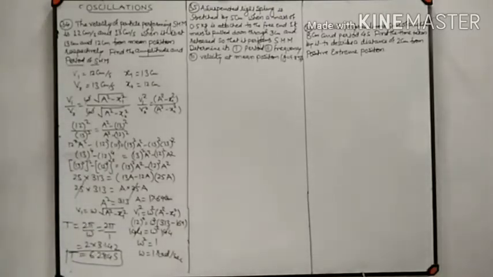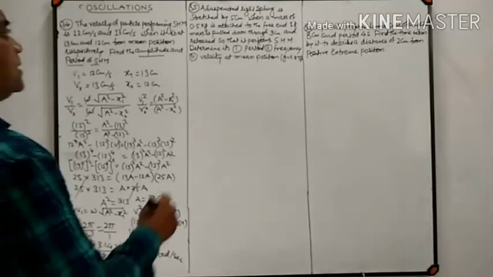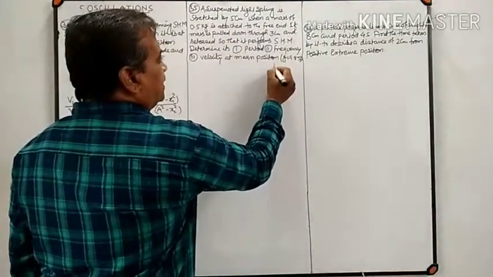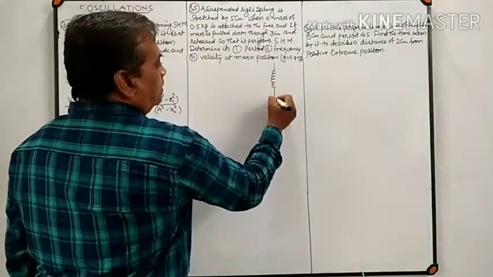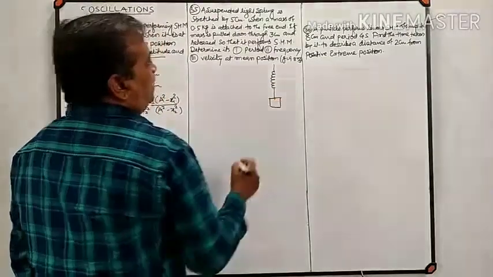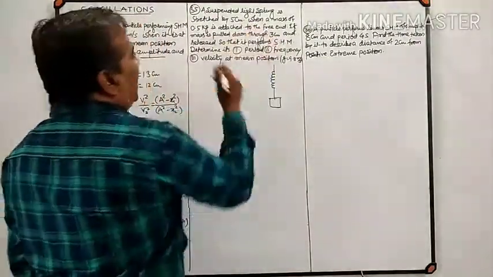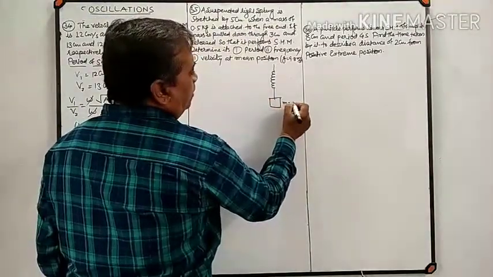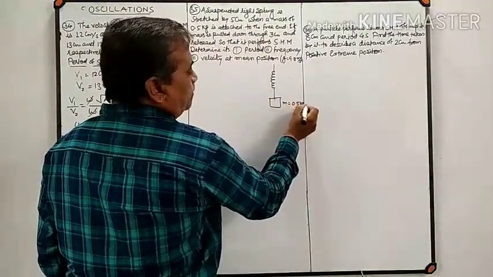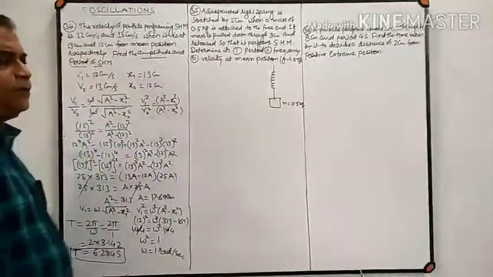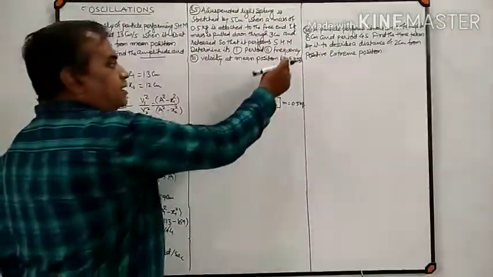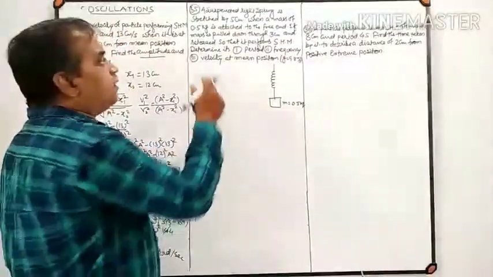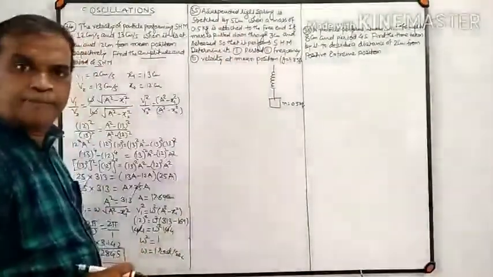Now another example: a suspended light spring is stretched by 5 centimeter. Here there is a spring, and to one end of the spring, a mass of 0.5 kg is attached. As soon as the mass of 0.5 kg is suspended, the spring undergoes an extension of 5 centimeter.